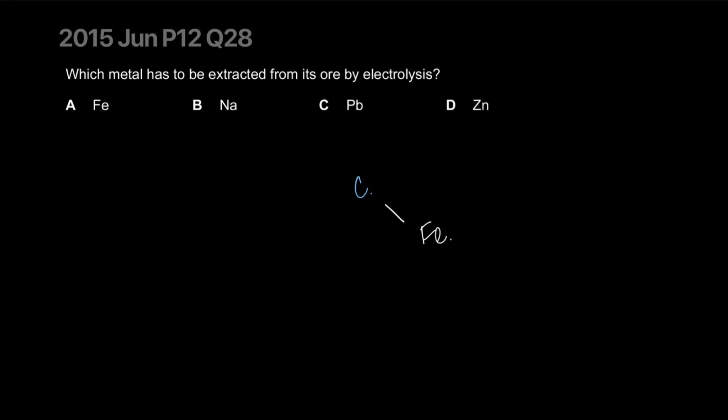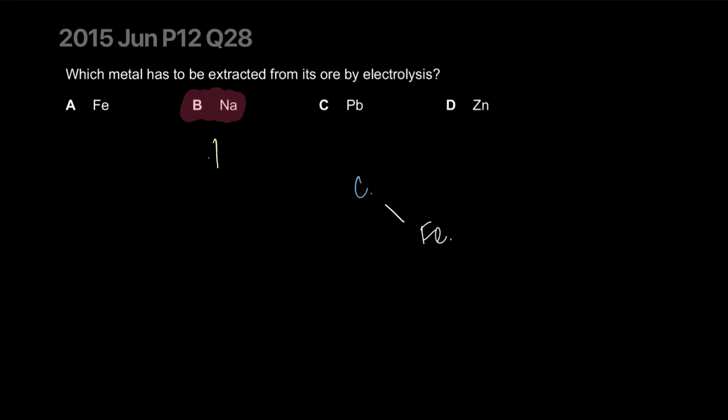So the only one over here is sodium, which is the second most reactive after potassium, right? In our reactivity series. Everyone else over here is way below carbon in the reactivity series. So the correct answer is B.